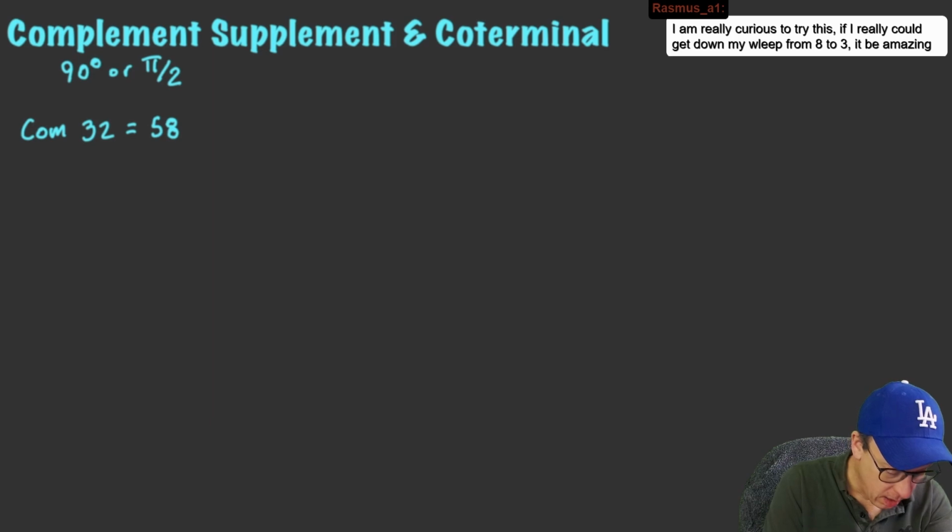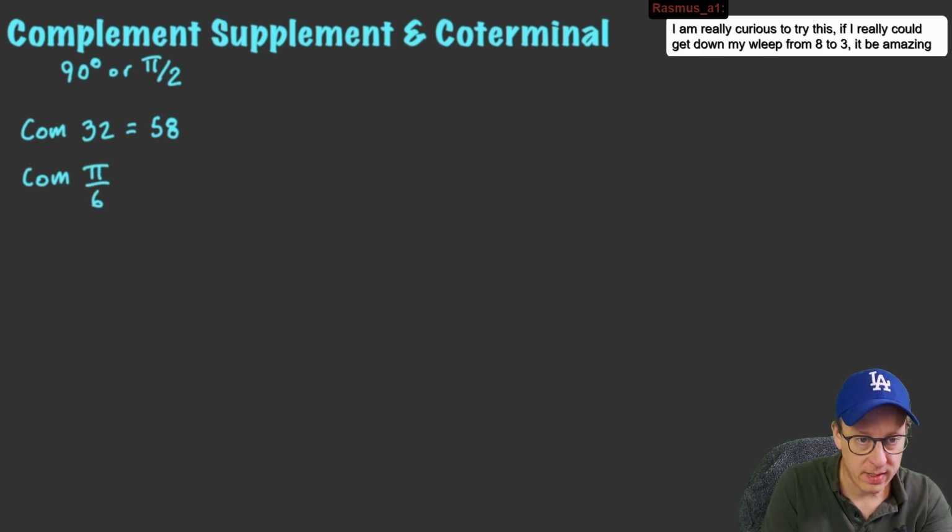And what would be the complement of, let's use a radian in this circumstance, π over 6?